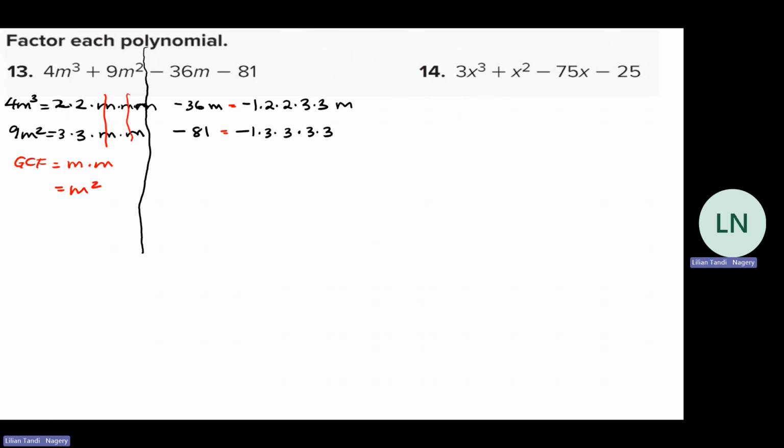Then we do the GCF, this 3 with this 3, and this 3 with this 3. And then negative 1s. So GCF is negative 1 times 3 times 3, which is negative 9.